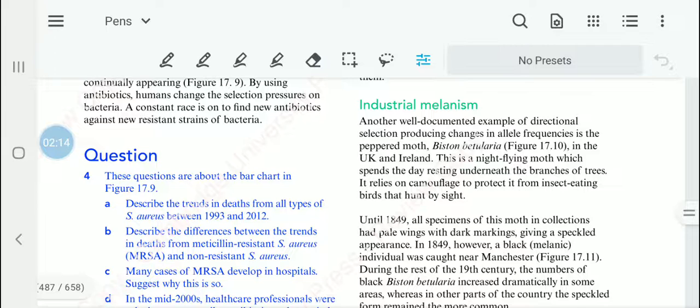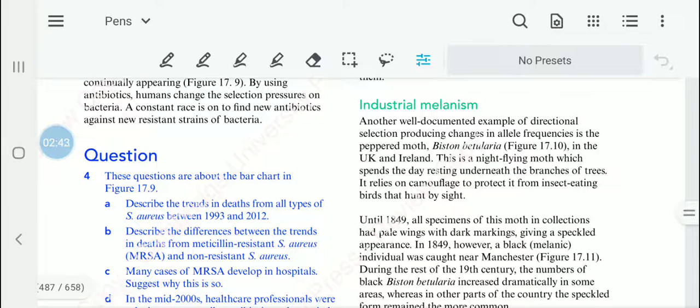This is industrial melanism. Now you know what happened during the industrial revolution that took place in Europe during the 18th and 19th centuries. There was this moth called Biston betularia.